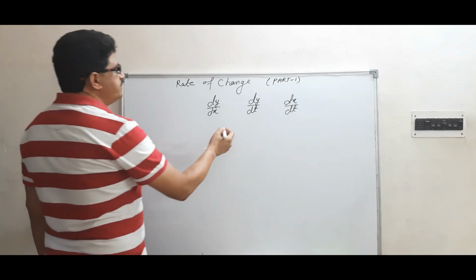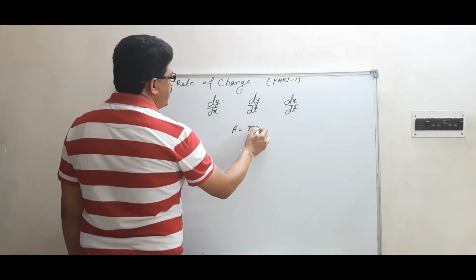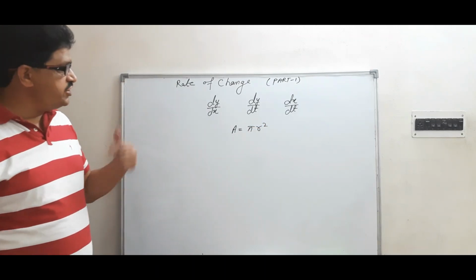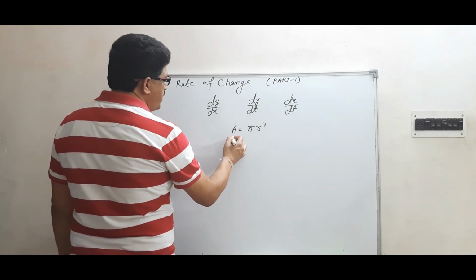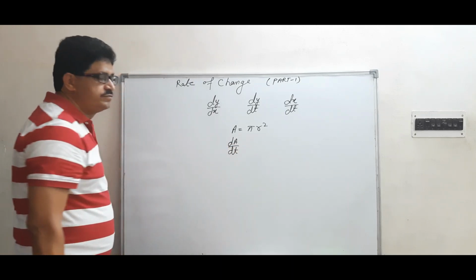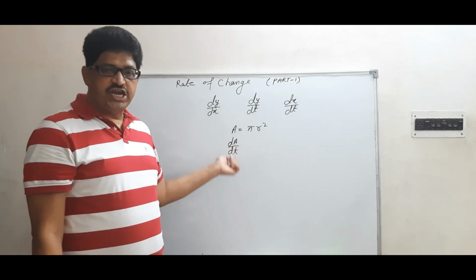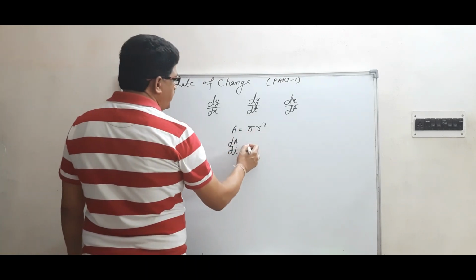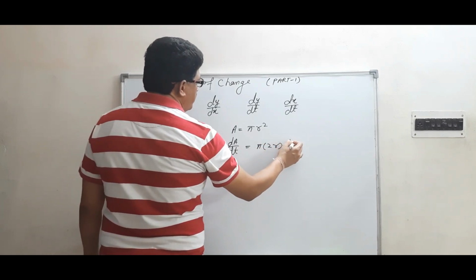We know that area of circle is pi r square. Change in area with respect to time, we will write dA upon dt. dA upon dt is change in area with respect to time, and if we differentiate here, it is pi into 2r dr upon dt.